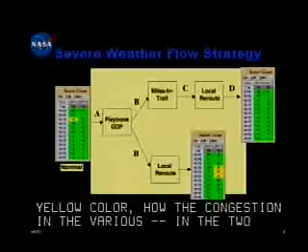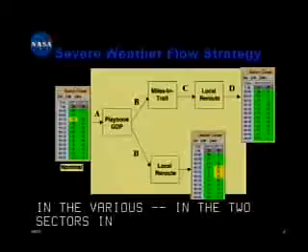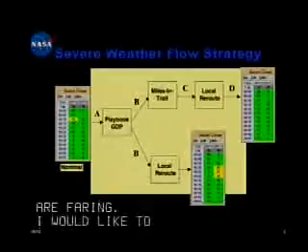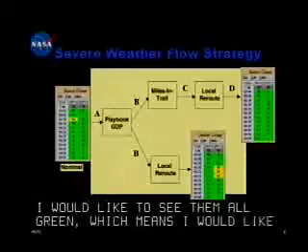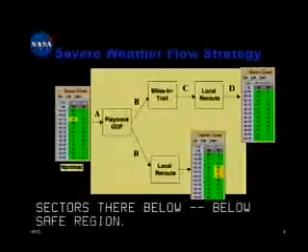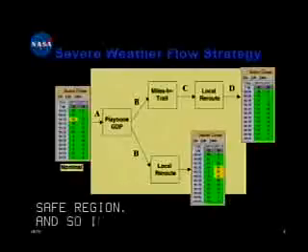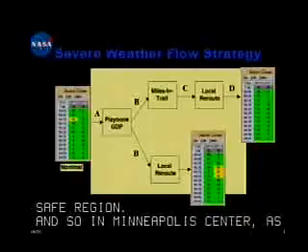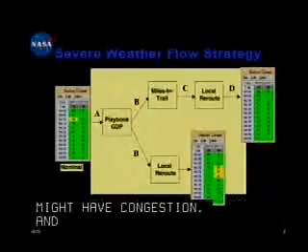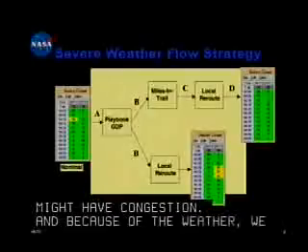I would like to see them all green, which means that I would like to keep the capacity of the sectors below a safe region. And so in Minneapolis center, as it is in the normal situation, I might have congestion. And because of the weather, we impose playbook and ground delay programs.